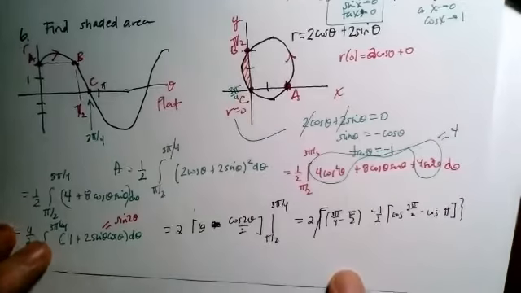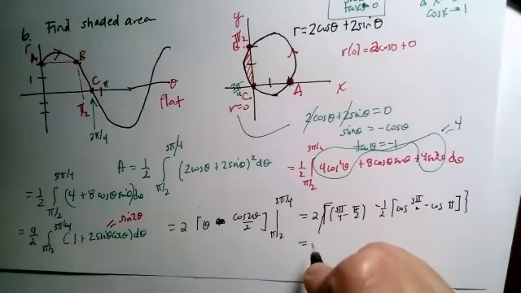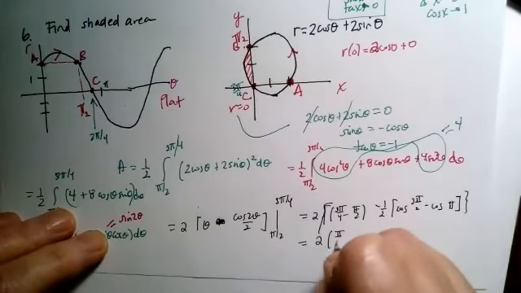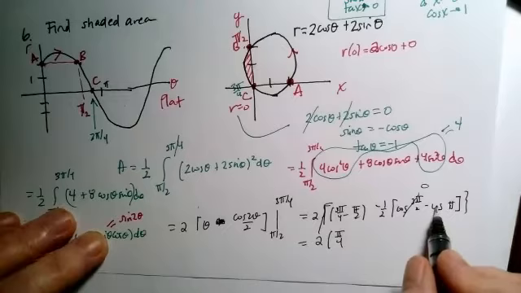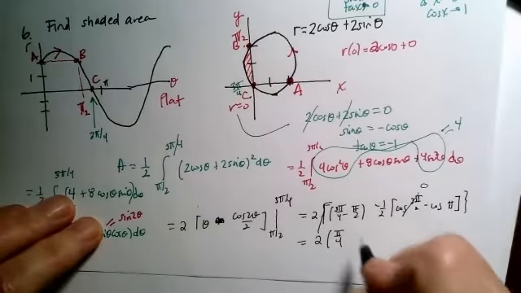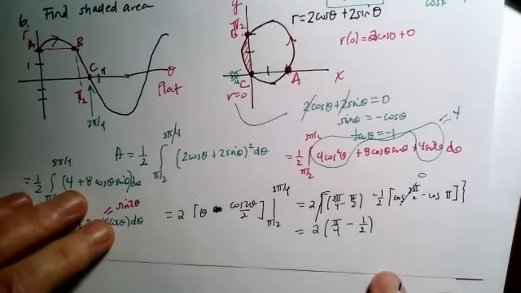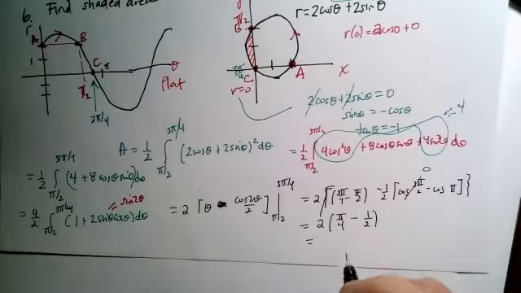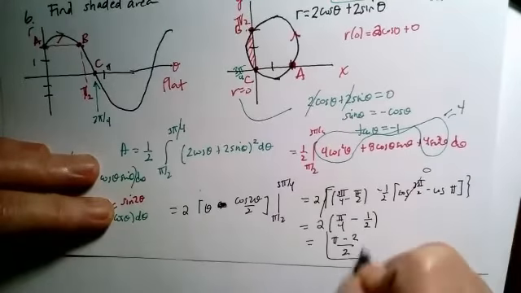Make that a square bracket. Okay, when that simplifies, you'll have 2 times pi over 4. This will be 0, and this is a plus 1. We'll end up with 1/2. And this will simplify to pi minus 2 over 2.